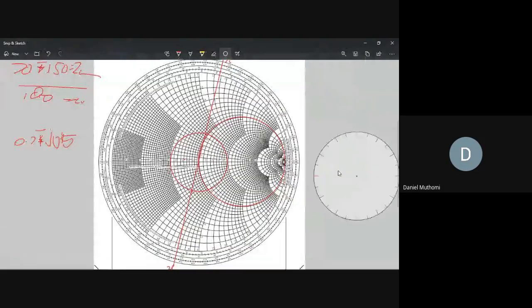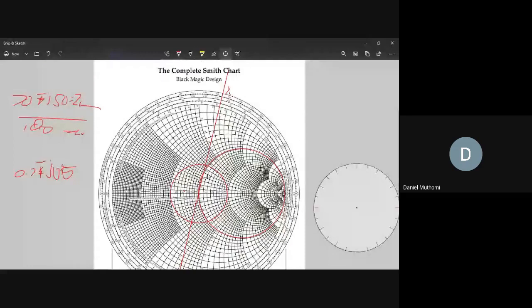So again, we have our YL. We take the intersection point between the constant VSWR circle and where G equals 1. At that intersection point, you draw another line.